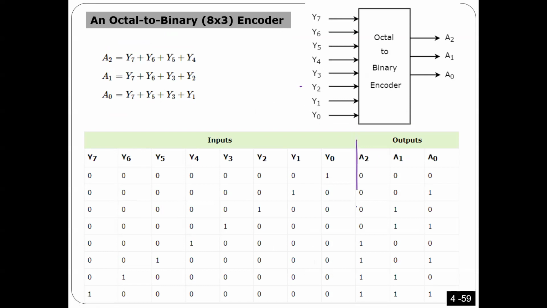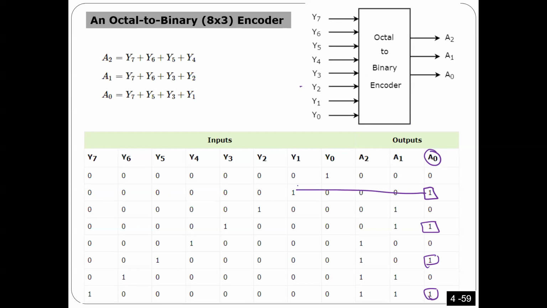Number 1, if you understand how encoders work, you should be able to do the truth table. Number 2, getting the equations is very trivial, very easy, much easier even than the midterms. For example, if I want to design E naught, we have one here, one here, one here, and one here.